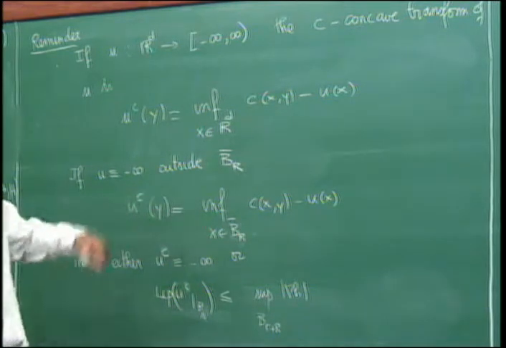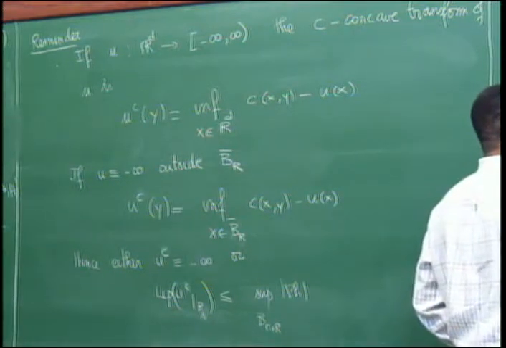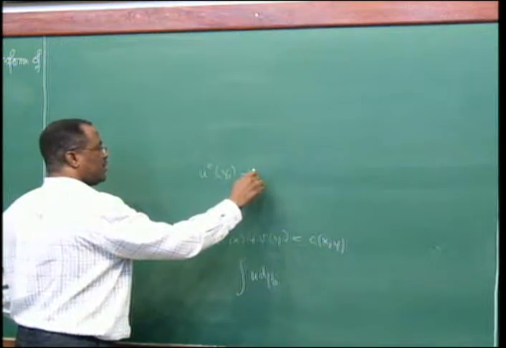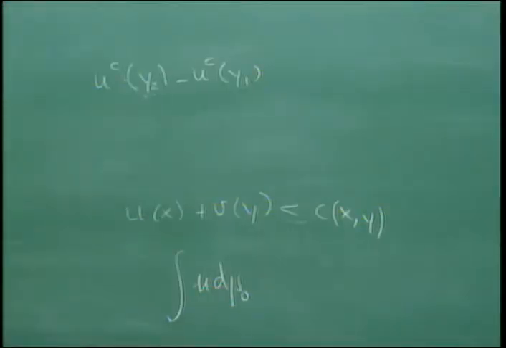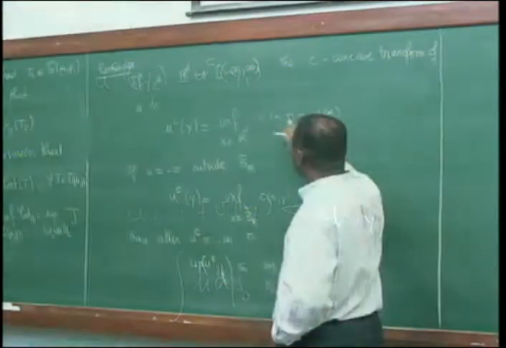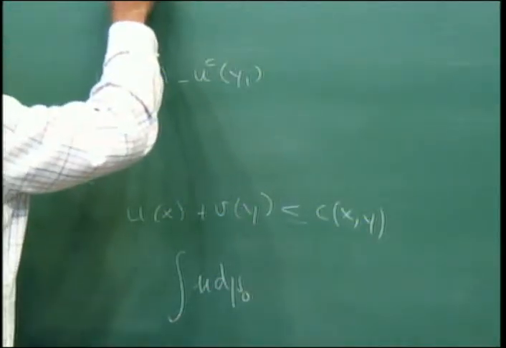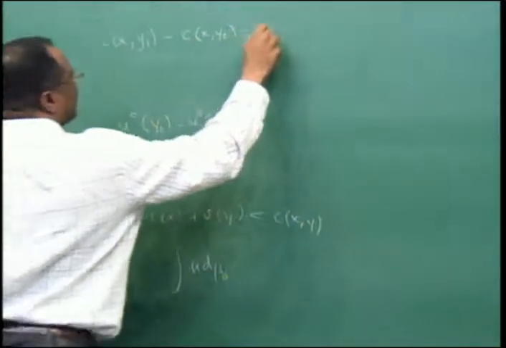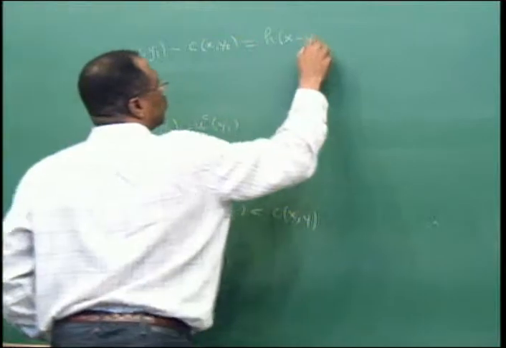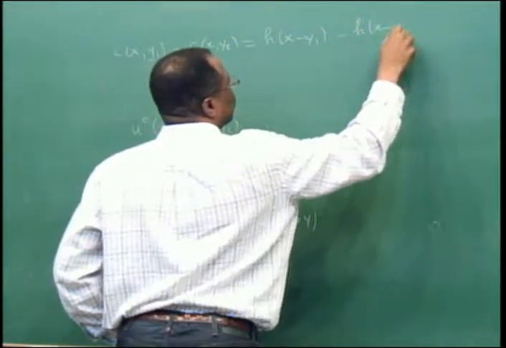So to prove that, what we did last time, we wanted to compare u^c(y2) minus u^c(y1), which means here I will replace y by y2 and y1. And we saw that c(x,y1) minus c(x,y2) is h(x minus y1) minus h(x minus y2).